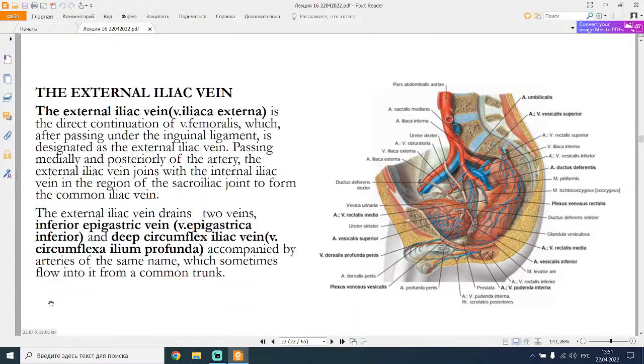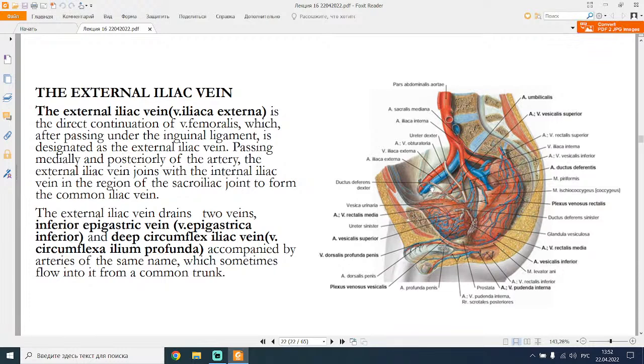Next vein, the external iliac vein. The external iliac vein, vena iliaca externa, is the direct continuation of the vena femoralis, which after passing under the inguinal ligament is designated as the external iliac vein, passing medially and posteriorly to the artery.